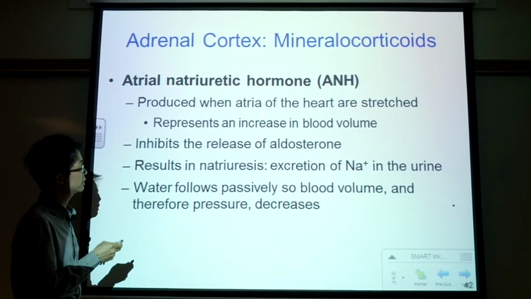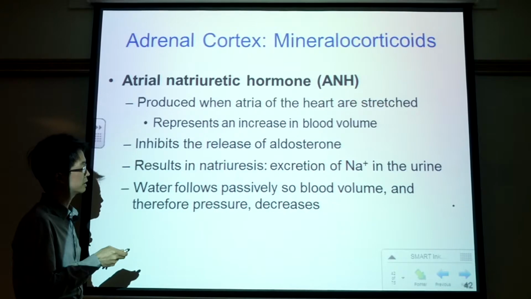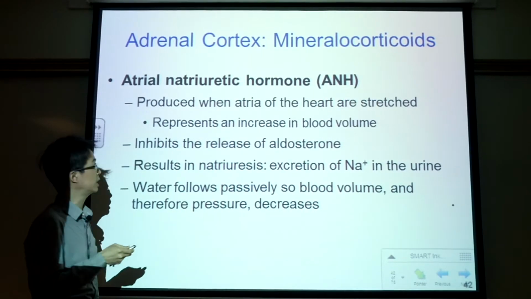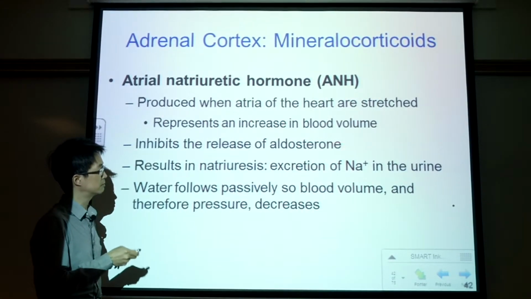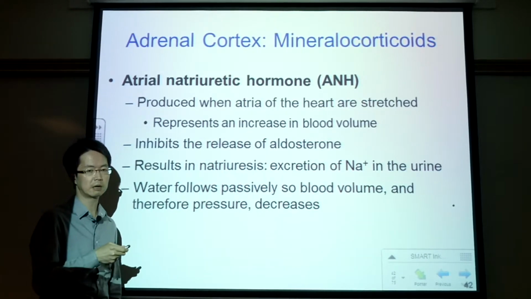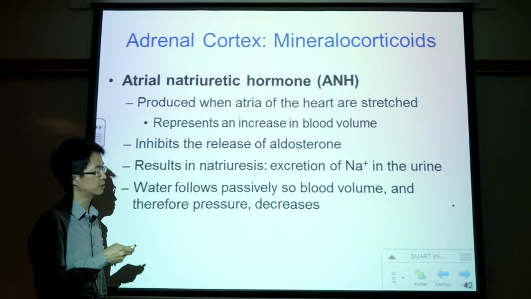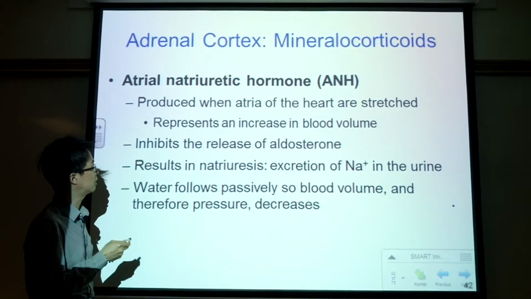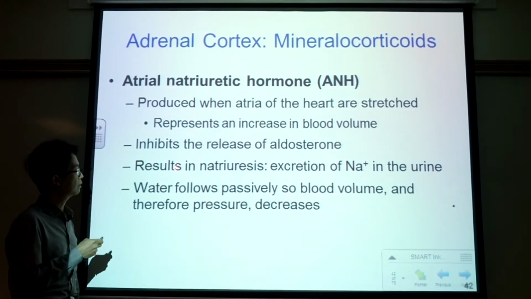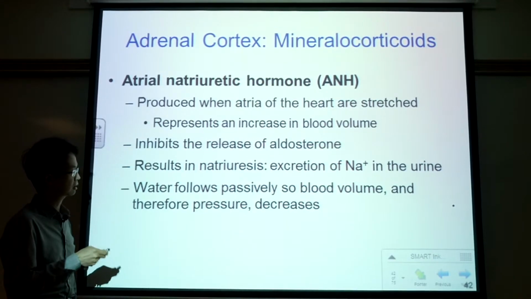It's produced by the atria of the heart when the heart is stretched. When will the heart stretch? When there's an increase in blood volume. When we have too much blood in our body, our atria will stretch, and then it will secrete this hormone. This hormone inhibits the release of aldosterone.